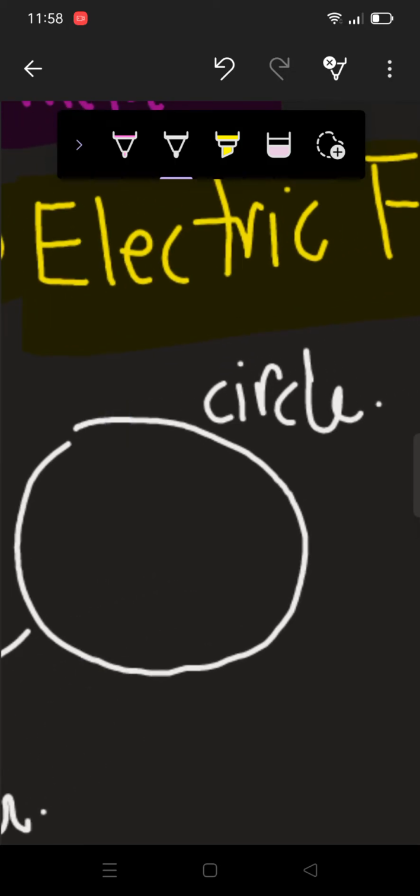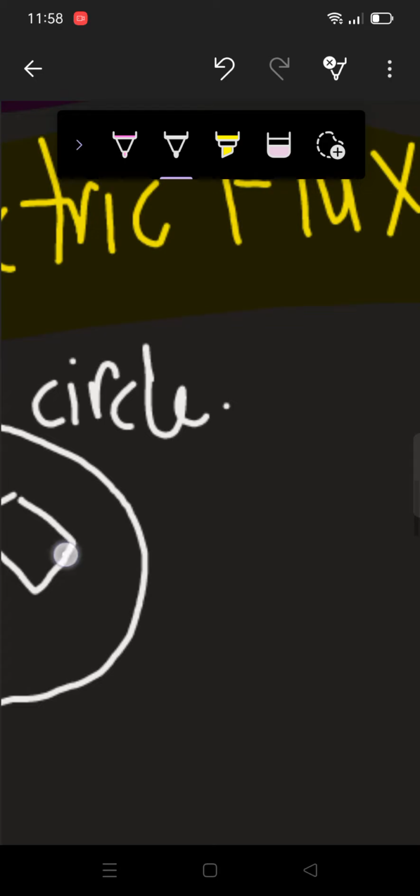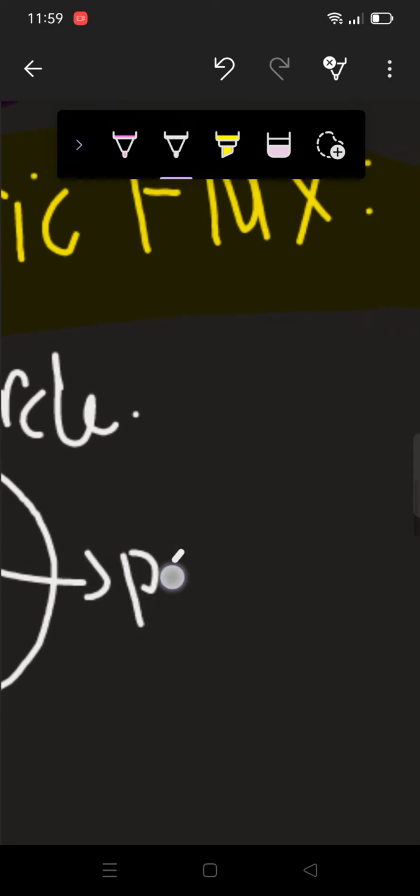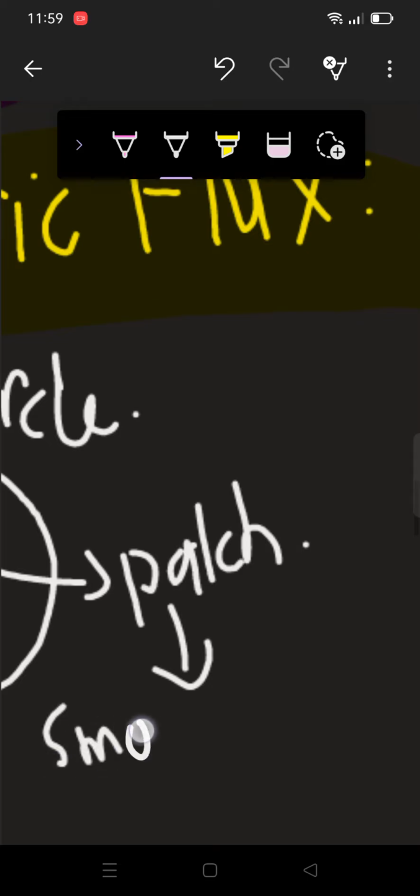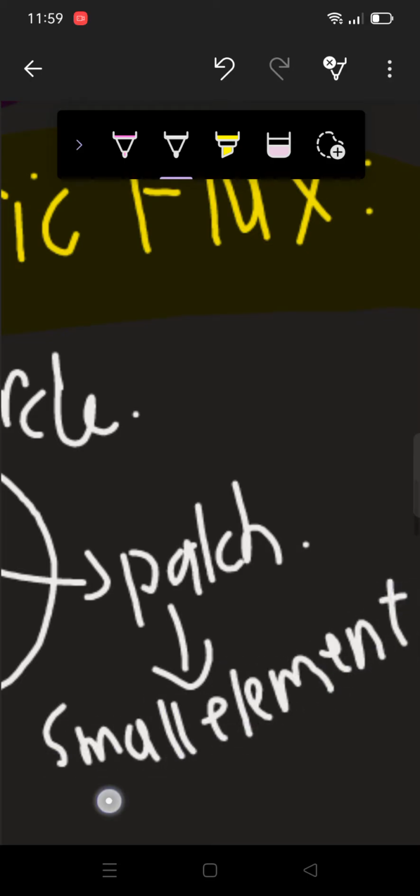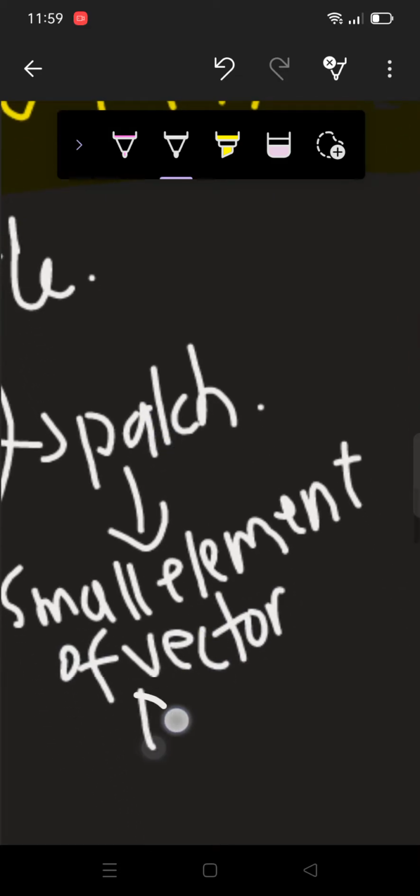But if I take a patch from it, suppose I'm taking a small element or a patch from this circle, then this is a small element of vector area.